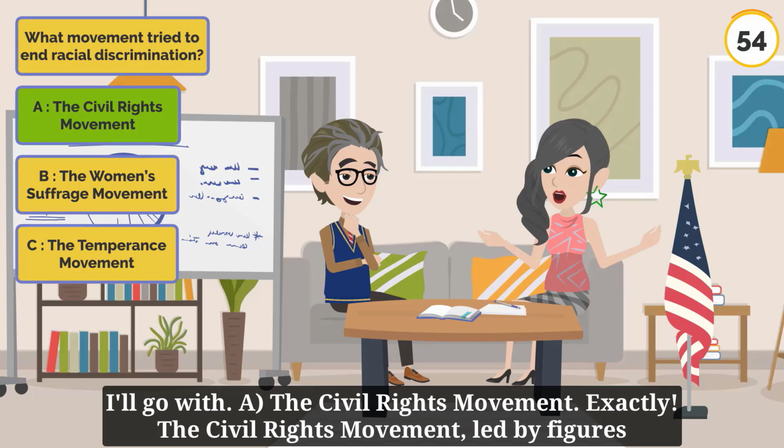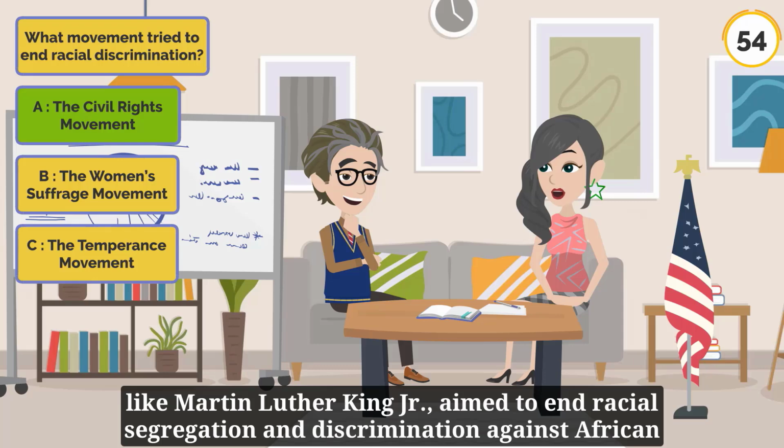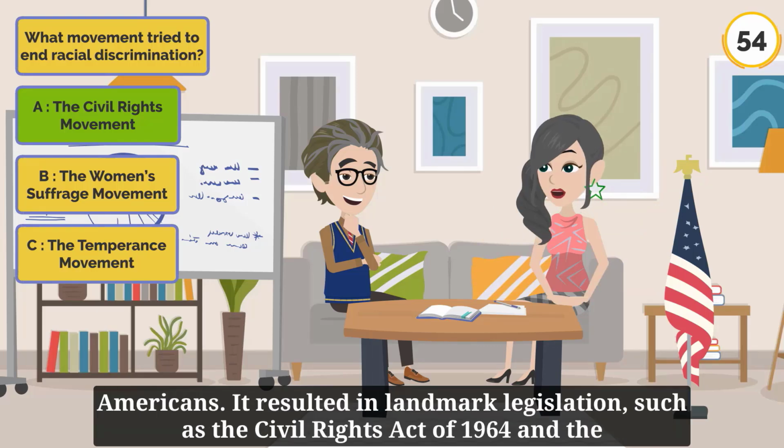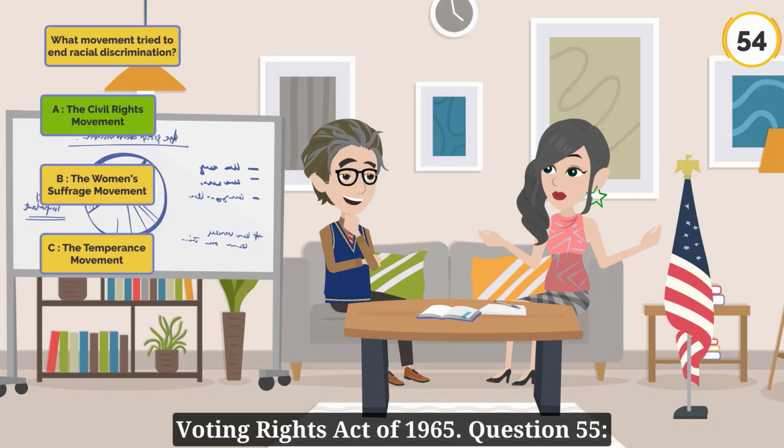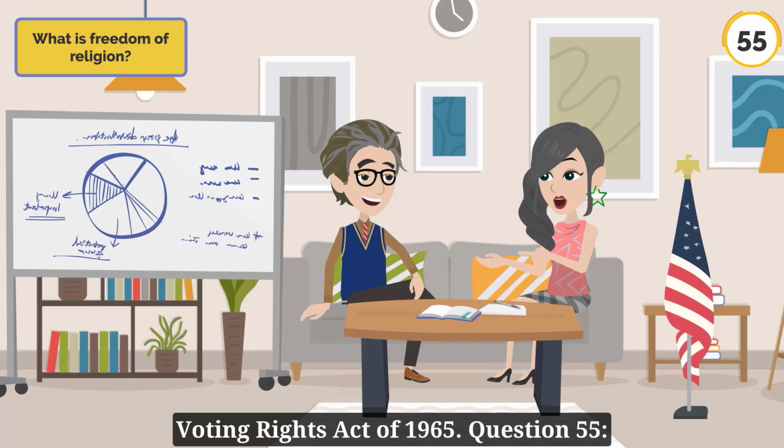The civil rights movement, led by figures like Martin Luther King Jr., aimed to end racial segregation and discrimination against African Americans. It resulted in landmark legislation, such as the Civil Rights Act of 1964 and the Voting Rights Act of 1965.